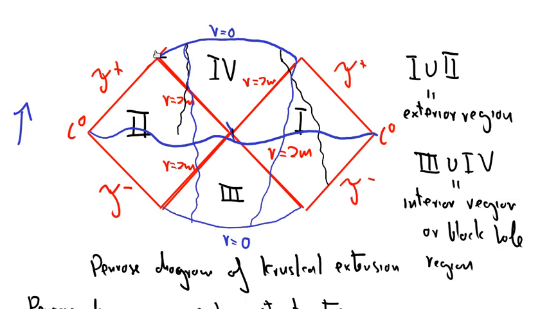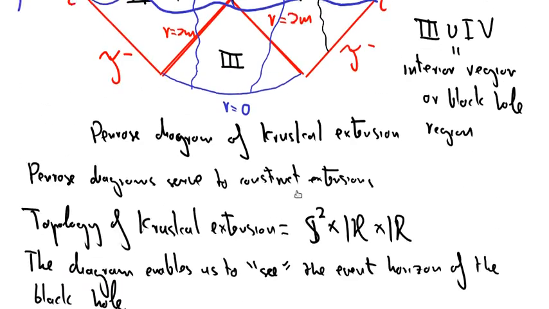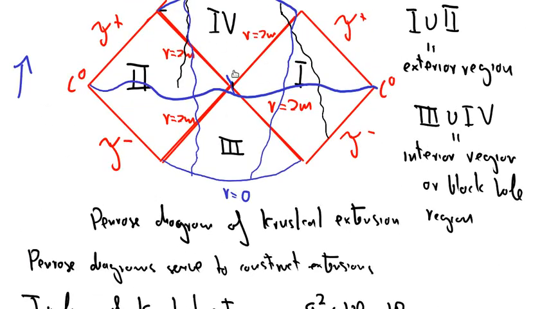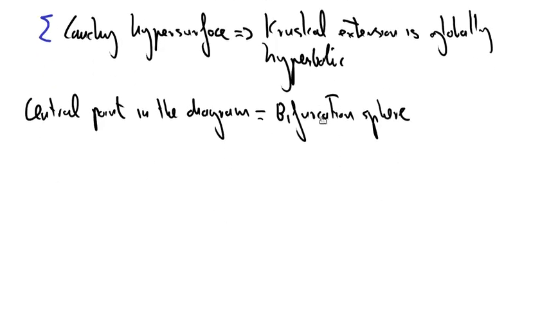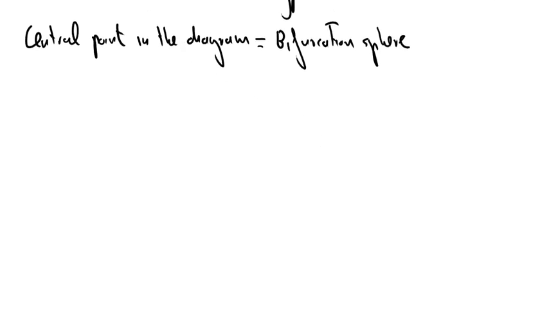We see that there are a number of event horizons here, and they intersect at this point. So by looking at this diagram, we can draw a diagram of what a generic black hole might be.